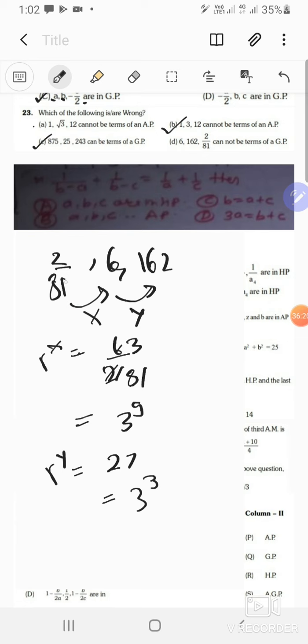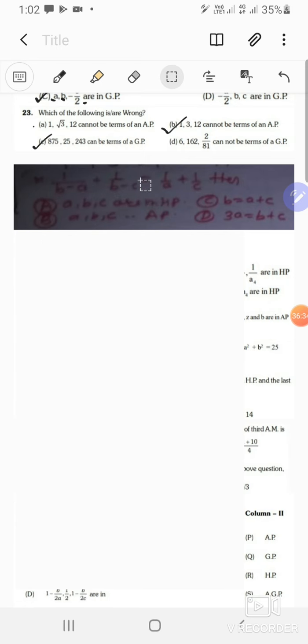So multiply this thing by 3 5 times and you get this thing. So x can be 5 and then y can be 3, and yes, these can in fact be terms of a GP. So this statement is wrong, which means that this option is correct. Okay, let's go to the next question.